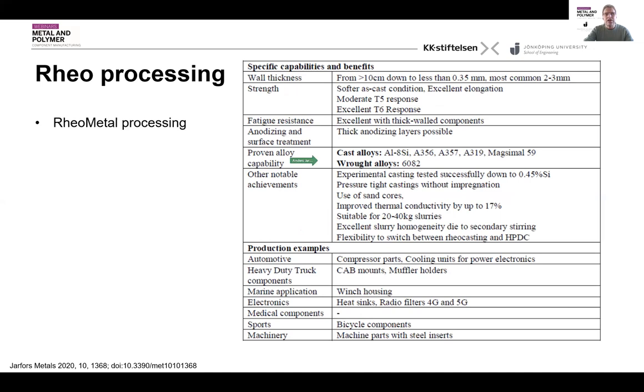A moderate list of alloys, but it's been run with a fairly normal set of semi-solid materials. The dominant activities in China are electronics, but here in Sweden we have mainly automotive and heavy truck components. Also winch housings have been used. Okay, next please.